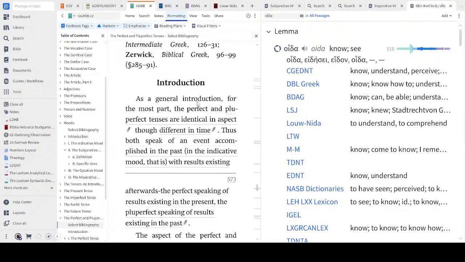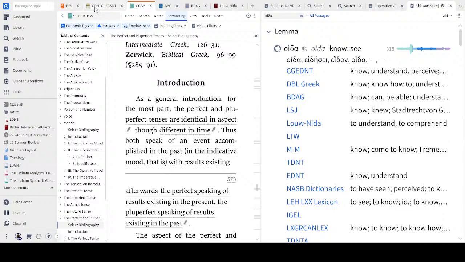Thus, both speak of an event accomplished in the past. In the indicative mood, that is, as I've been talking about, the indicative mood is primarily concerned with time, with results existing afterwards. The perfect speaks of results existing in the present. The pluperfect speaks of results existing in the past.